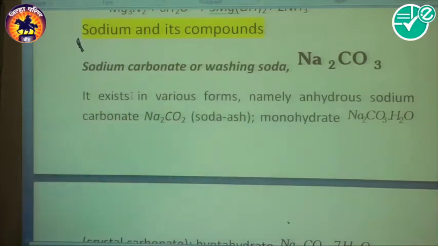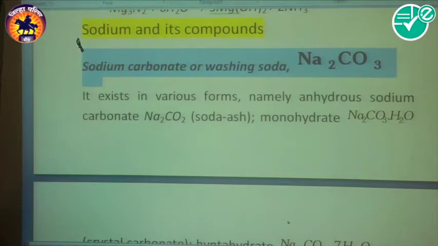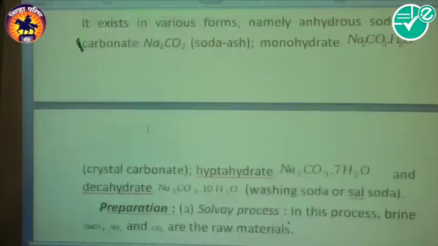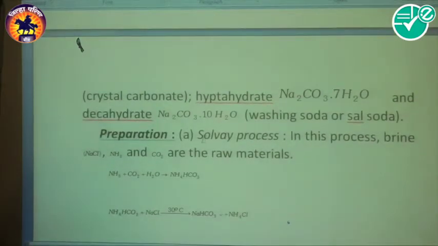The first one is sodium carbonate, also called washing soda. How is it prepared? It is prepared by the Solvay process. You have to remember this point.